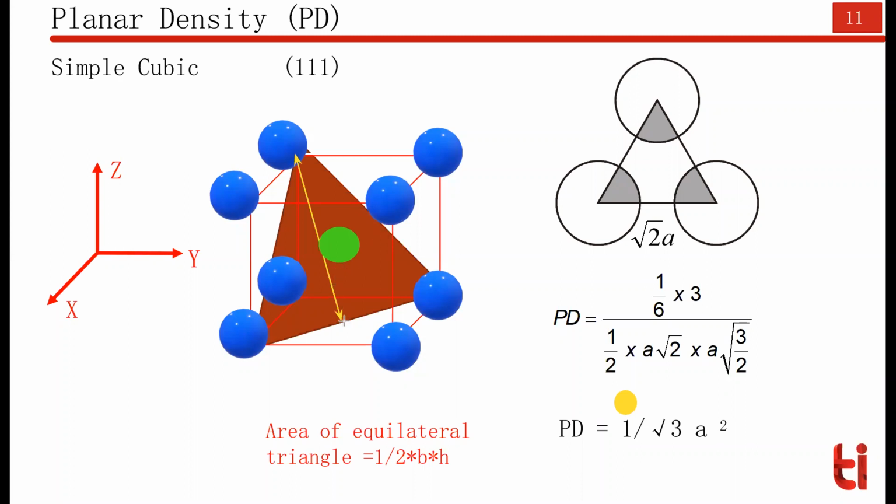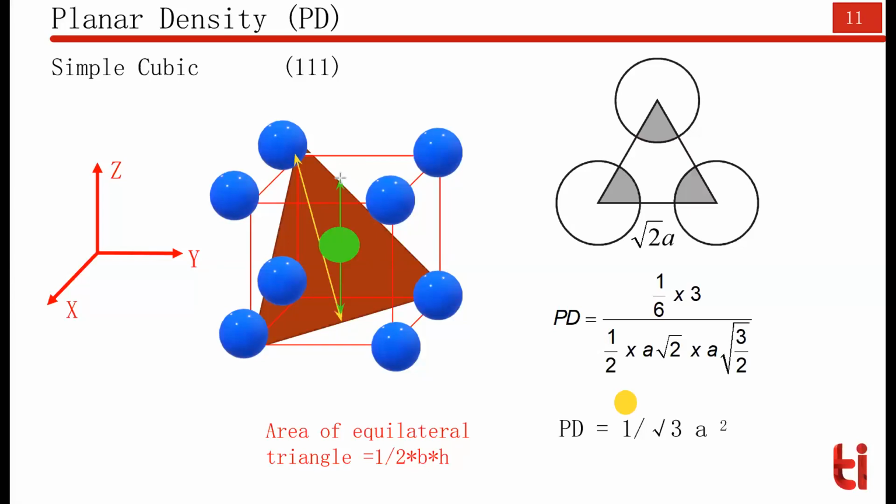Why? Because the center of the body center lies along this vertical direction. If I go vertically up, then this line passes through the center of the body centered atom.